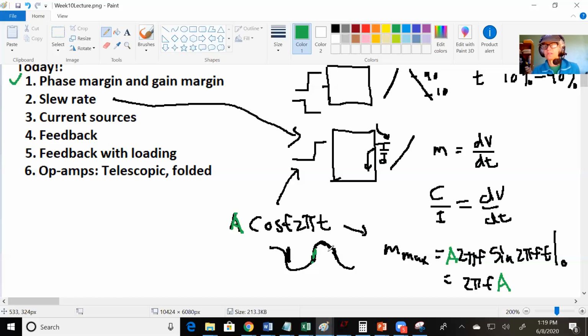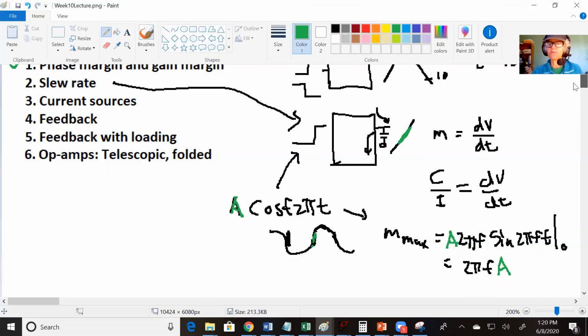And you know that the slew rate is the steepest slope of your output. So now you know the steepest slope you have to accommodate for this sine wave, and you know the steepest slope that your circuit can output.